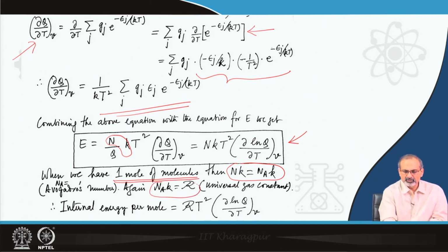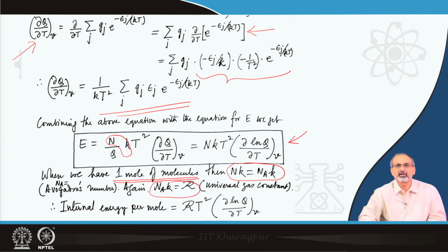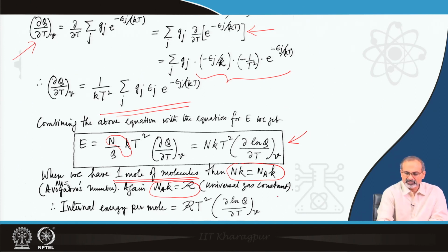Again, when you take a product of the Avogadro's number and the Boltzmann constant, what do we get? We get the universal gas constant, which is a constant for all possible gases, all possible species. Now, once you introduce this, you get the internal energy per mole, where the universal gas constant comes in, and you have the representation here.